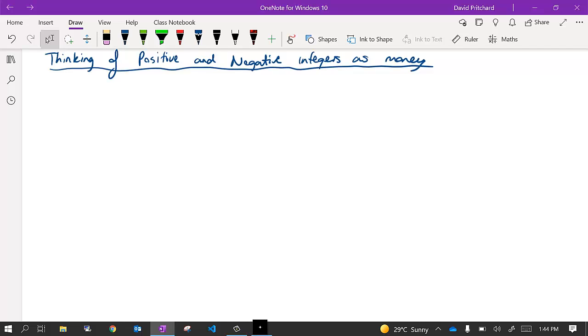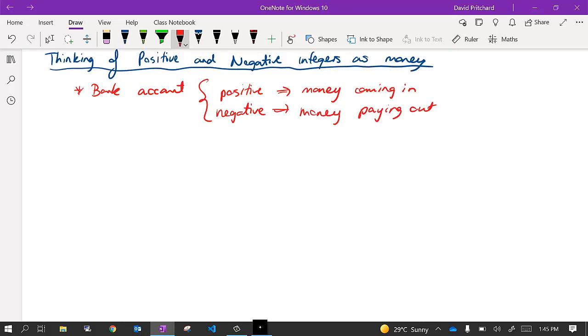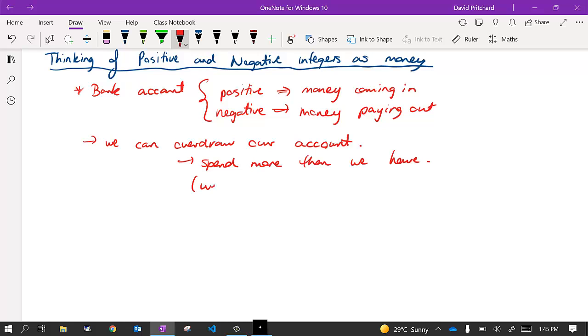We've got a bank account, and the money in that account, if it's positive, is money coming in, and if it's negative, it's money I'm paying out. The other idea is that we can overdraw our account. That means the bank will let us spend more than we have, which really means we can have negative money.